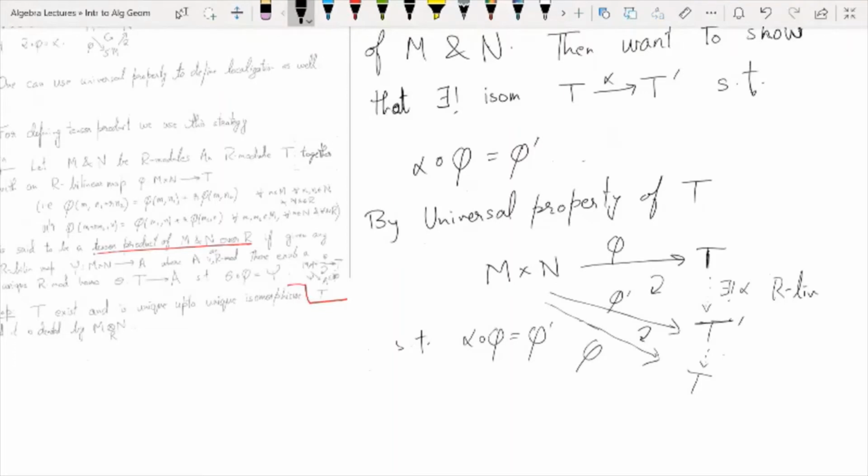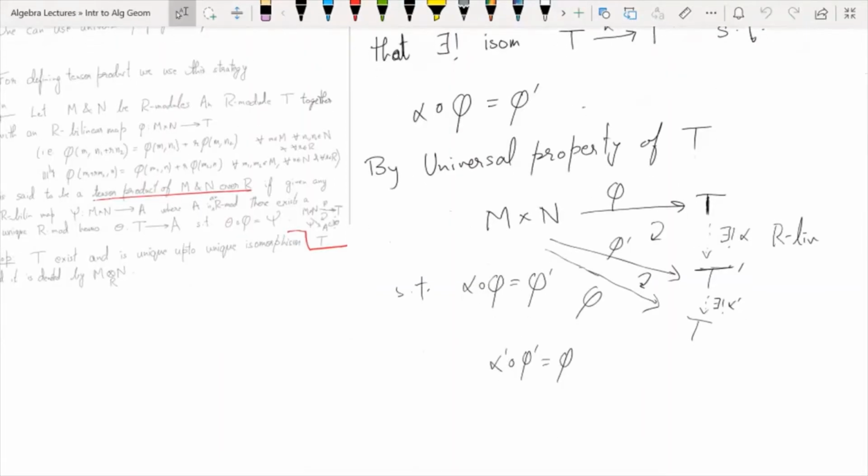So there exists a unique alpha prime such that alpha prime composed phi prime is equal to phi. So we get these two properties.